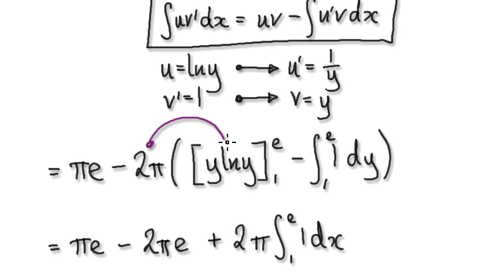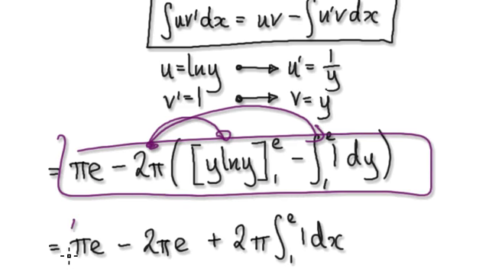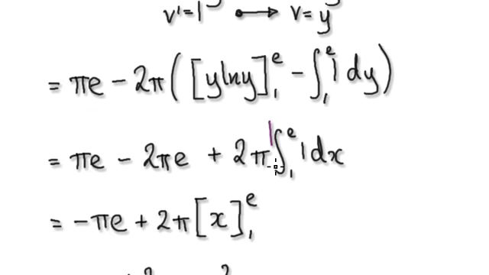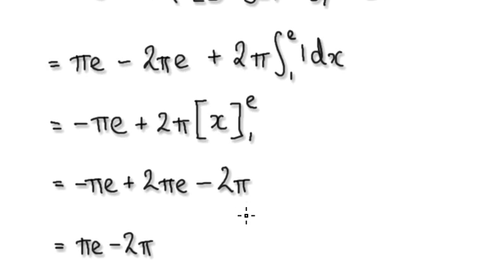If you look at this from here times this, and this times this, from here it will take you to here. Then integrate this, which will give you x, and so on. Overall, the answer would be this.